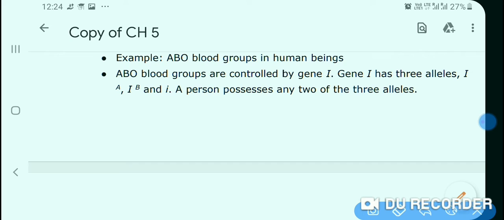Let us see how they codominate, how the blood group is decided. Blood group is decided by the antigen and antibody present on them.